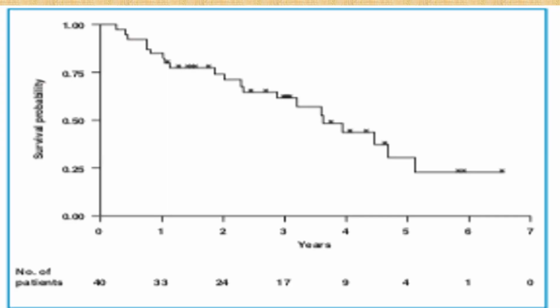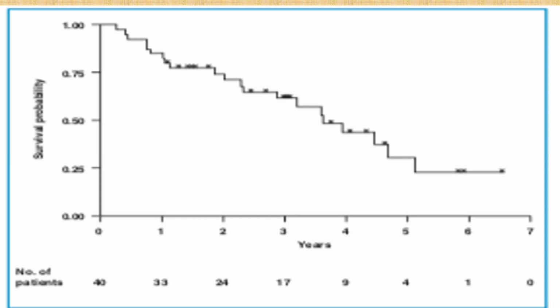Let's look at it. In this graph, we see on the y-axis survival probability, which starts from 1. And on the x-axis, it says years starting from 0 to 7. That makes me happy, it's quite a lengthy study duration, right?